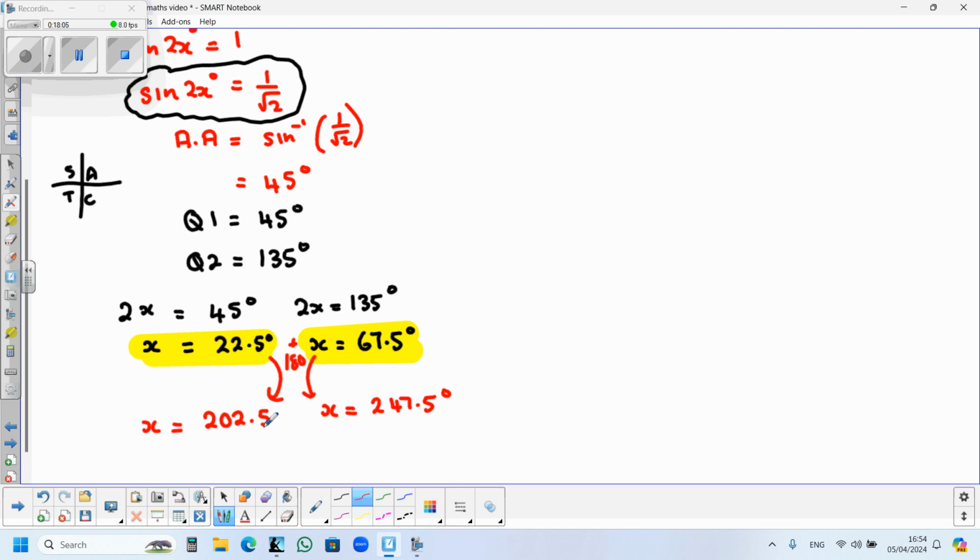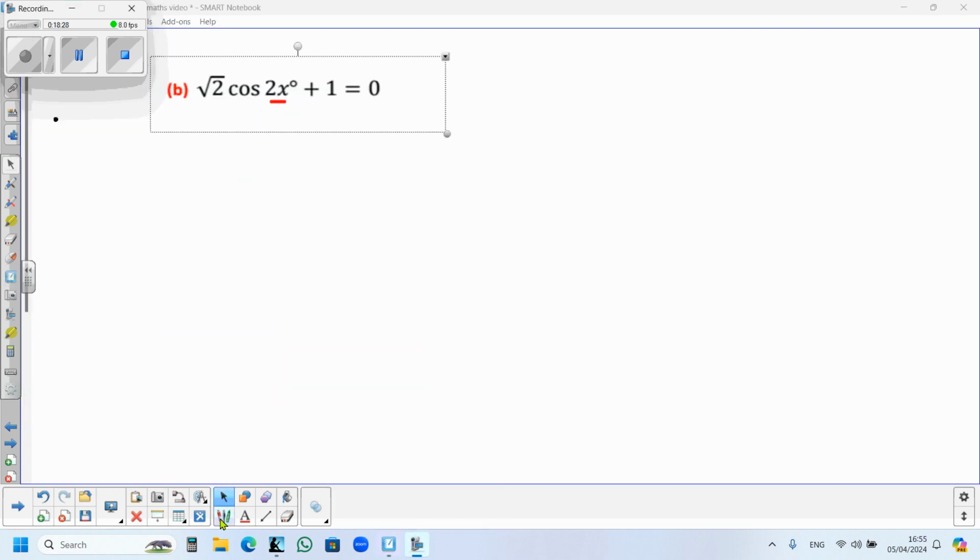So I've now got 4 answers. I'll write them down, and usually start writing them from the lowest. So 22.5 degrees, 67.5 degrees, 202.5 degrees, and the last one there is 247.5 degrees.